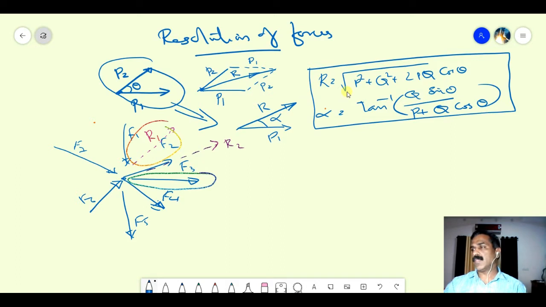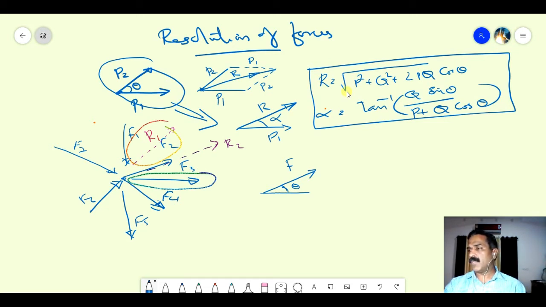Okay, so suppose there is a force F acting in this direction at an angle of theta degree with the horizontal. Clear? F is the magnitude, theta is the direction.